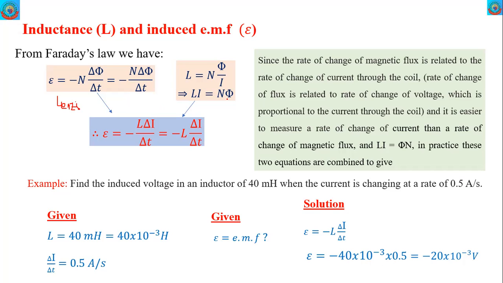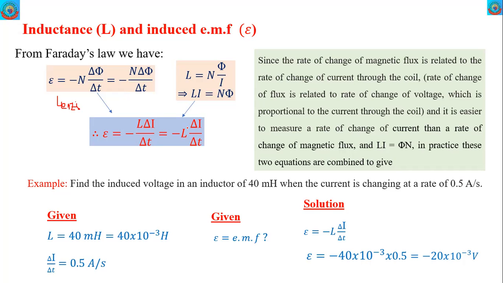n pi we can use il. In the place of n pi here we put il, so that it relates with current, so that from that we can get minus L delta I over delta T. So induced electromagnetic force is proportional to the rate of change of current.